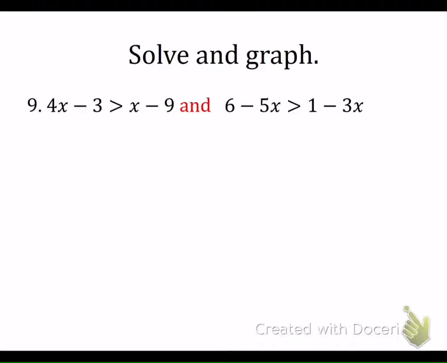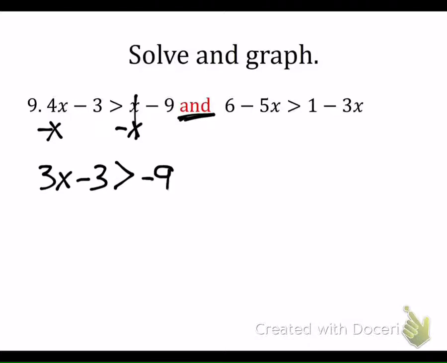So this is an and, but it's not written all together. So I can solve them separately and then maybe combine them at the end if it works out well. Okay? So how would I solve the first half? Subtract x. Good. So 3x minus 3 is greater than -9 plus 3.